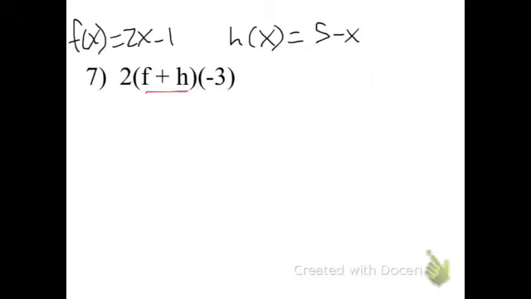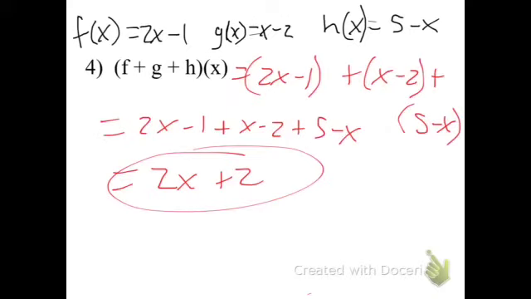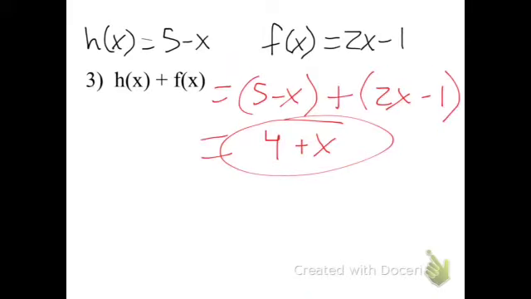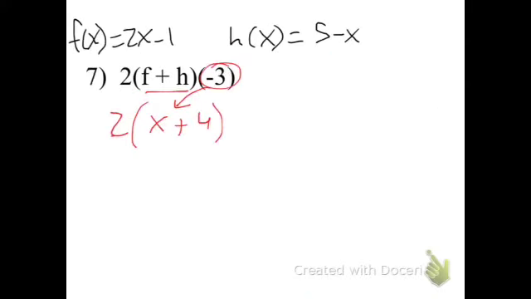So this chunk gives me x plus 4, and then I need to evaluate it at negative 3. Plugging in negative 3 gives me negative 3 plus 4, which is 1. Times 2 gives you a grand total of 2.